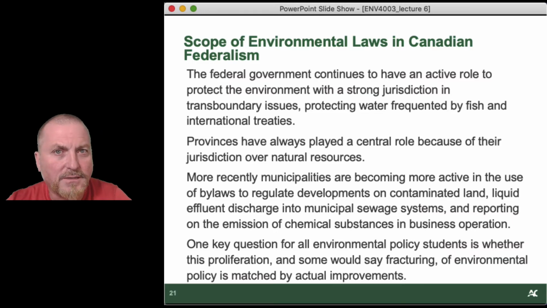Provinces have always played a central role because their jurisdiction over natural resources is a key one, obviously, okay? But more recently, municipalities have gotten involved primarily in cases of toxic waste, right? Contaminated lands, liquid effluent discharge, reporting on the emission of chemical substances.